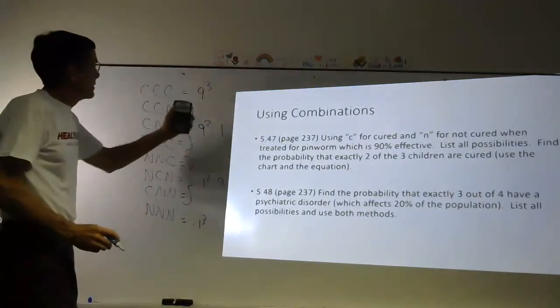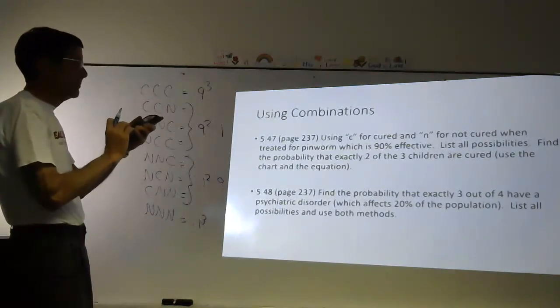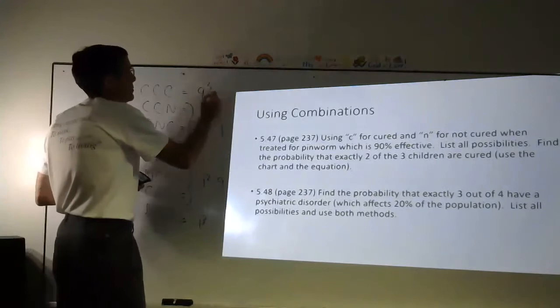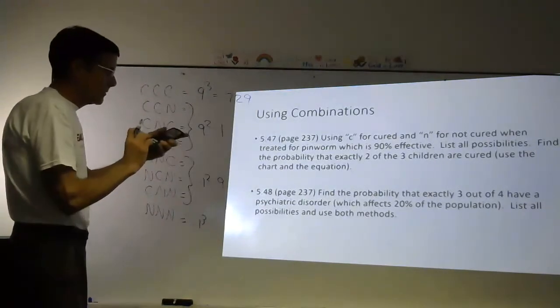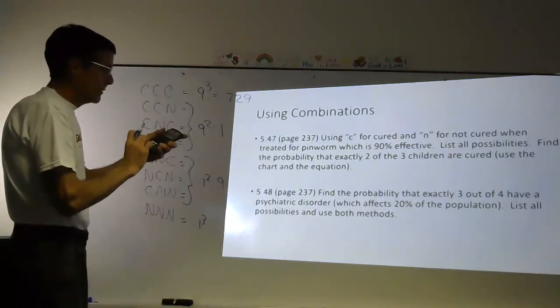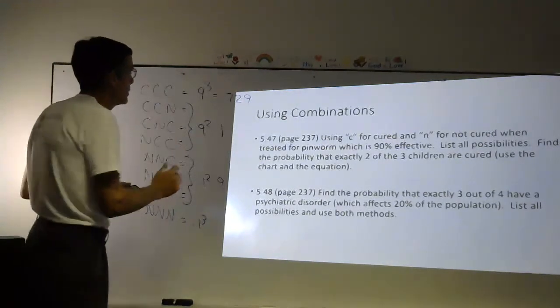So now, 0.9 cubed is 0.729. Okay, each one of these is going to be 0.9 squared times 0.1, which is 0.081.